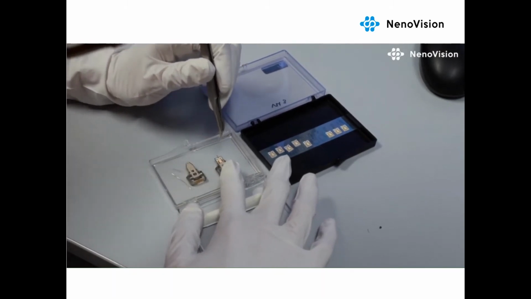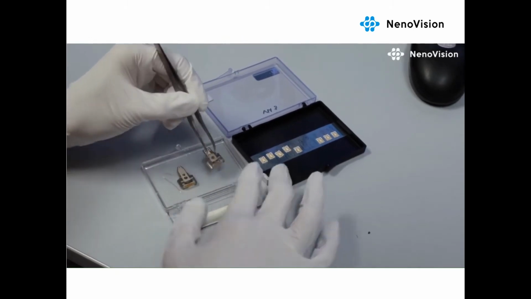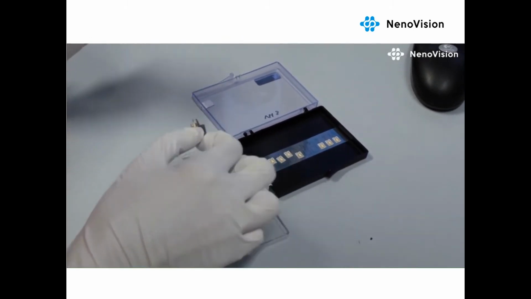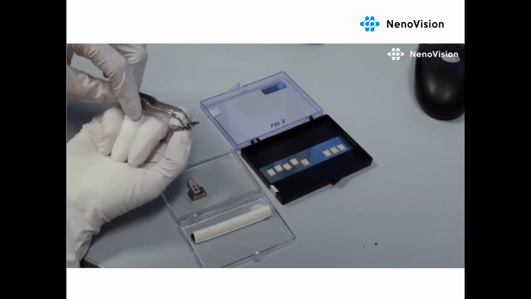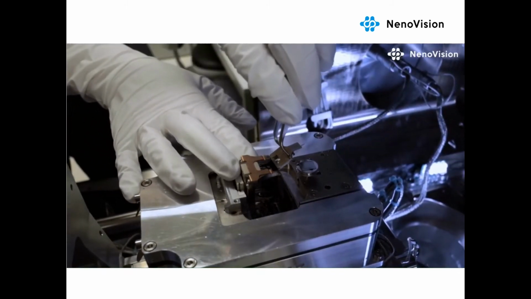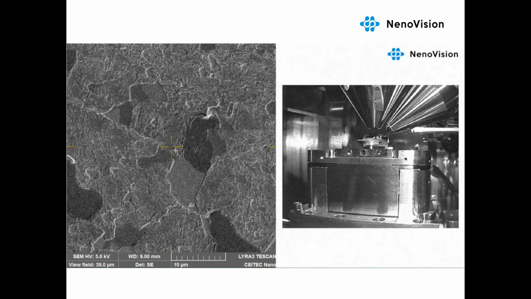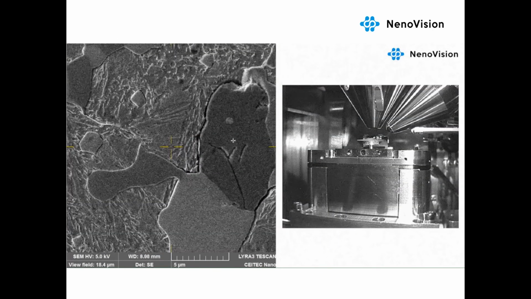Flip it over. And load the probe into the holder in LiteScope. Let's find the area of interest on the sample surface and move the tip closer to this area.